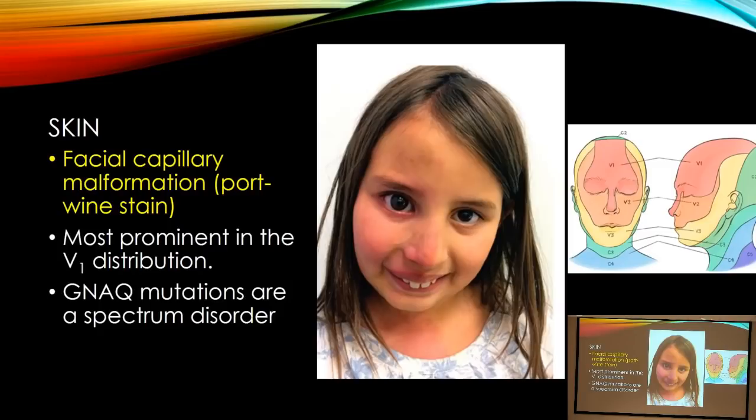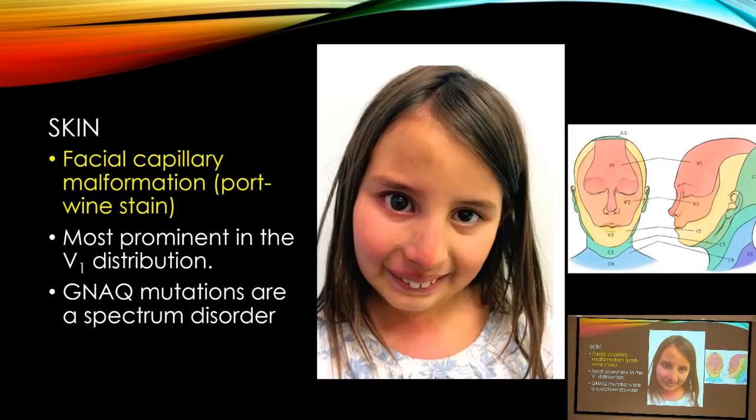It's usually in the V1 distribution, but can be in the V2 distribution. Just to remind you, here's a nice drawing done a few weeks ago by a fourth-year student. This is certainly V1, but you can see that there's some V2 involvement. So around the eye would be most characteristic for a port wine stain.